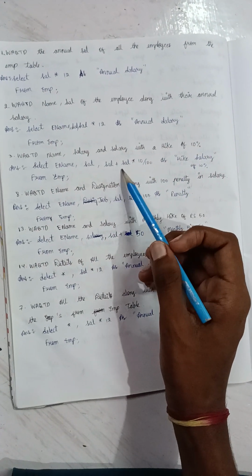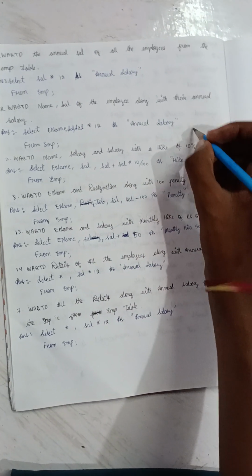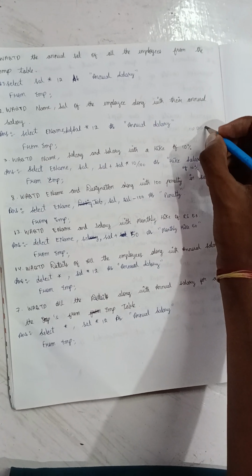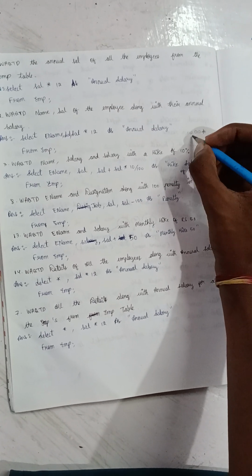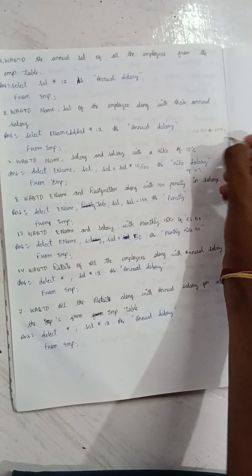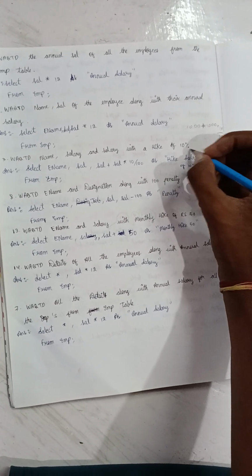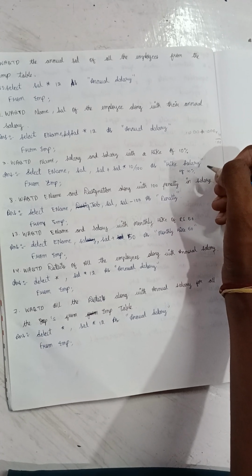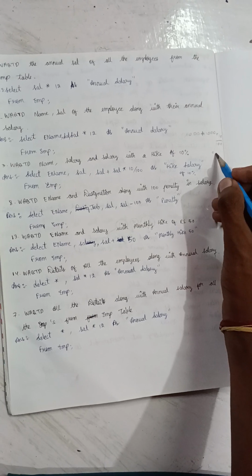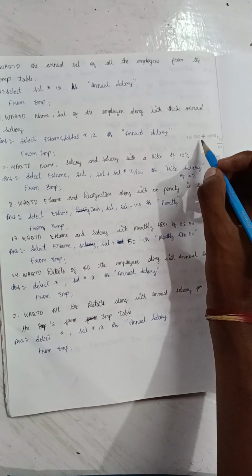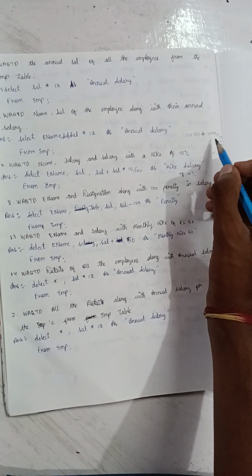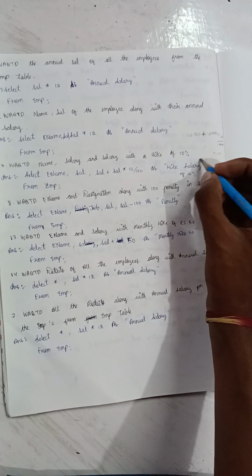If the salary is 1000 rupees and the hike is 10%, we add 1000 plus 1000 into 10 by 100, as the percentage symbol is not allowed in SQL, so we use 10 by 100 or 0.1.